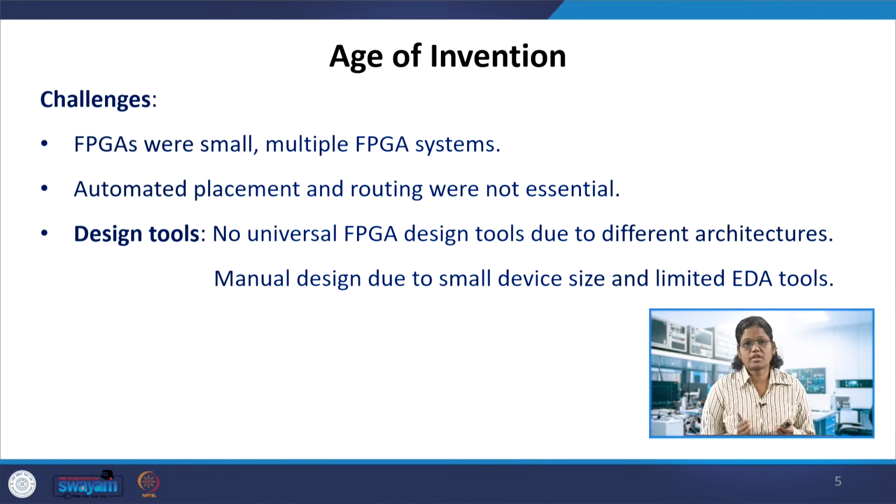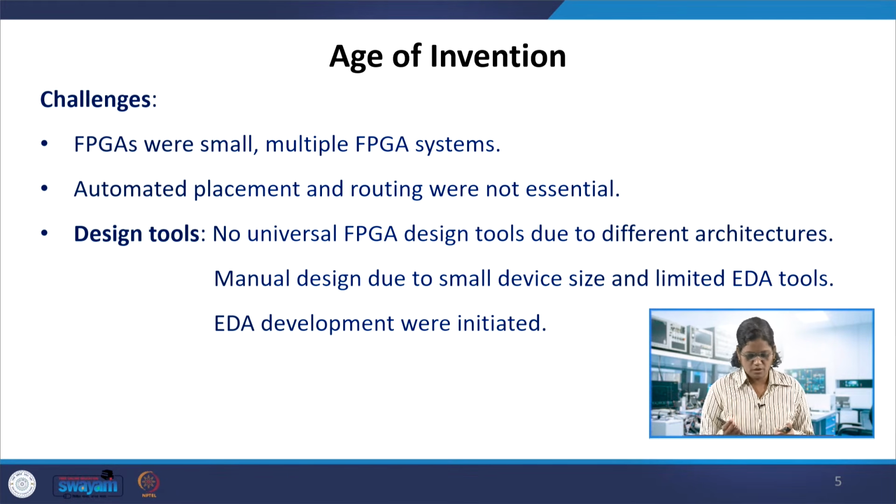The manual design, due to small devices and limited EDA tools, was a challenge, and so EDA development was initiated at that time. The design tools were not established in full form. The EDAs were not part of the invention age.